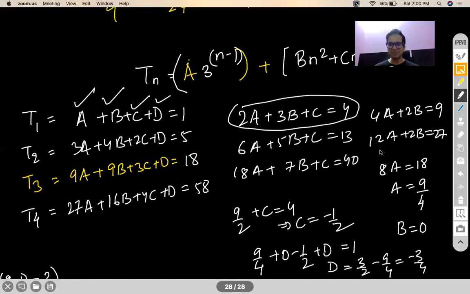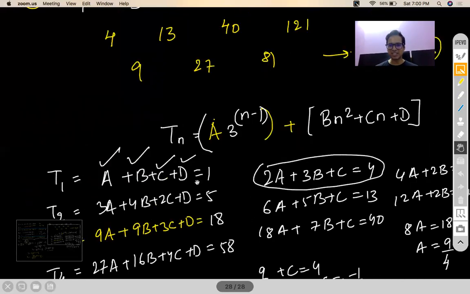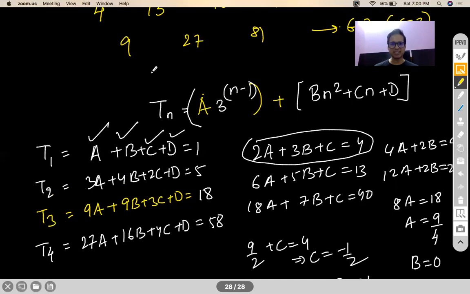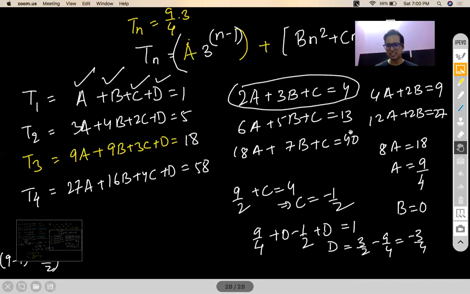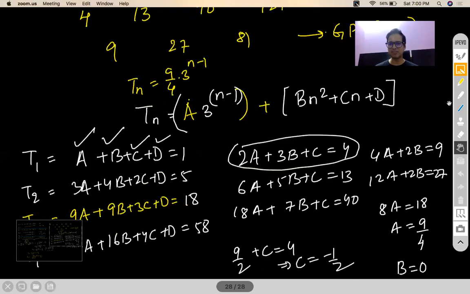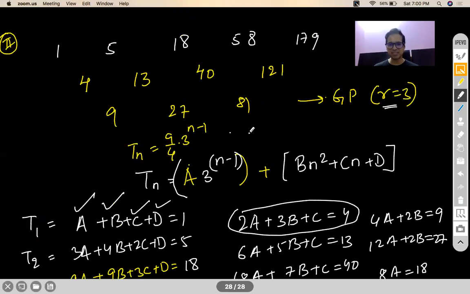So your nth term, I'm going to write it over here. Your nth term is going to be 9 by 4, 3 to the power n minus 1. This will go off because B is 0. I think C was minus half, so this will be minus half n. And D was minus 3 by 4.